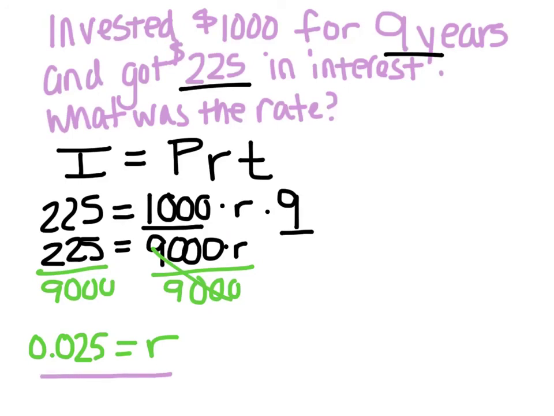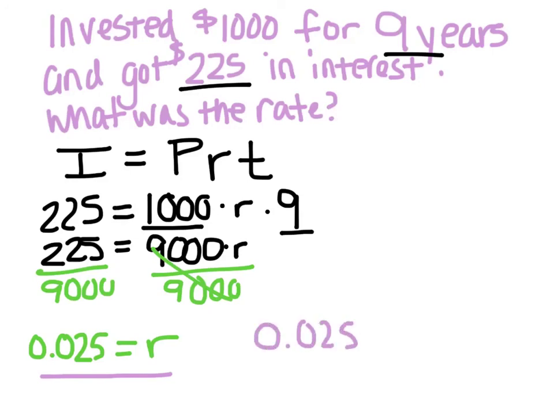Remember, when we put our interest rate into the equation, we always need to turn it into a decimal. So when it comes out as a decimal out of our equation, we need to turn it back into a percent. Just like if you had a percent and you wanted to turn it into a decimal, you divide it by 100. To undo that, you need to multiply by 100.